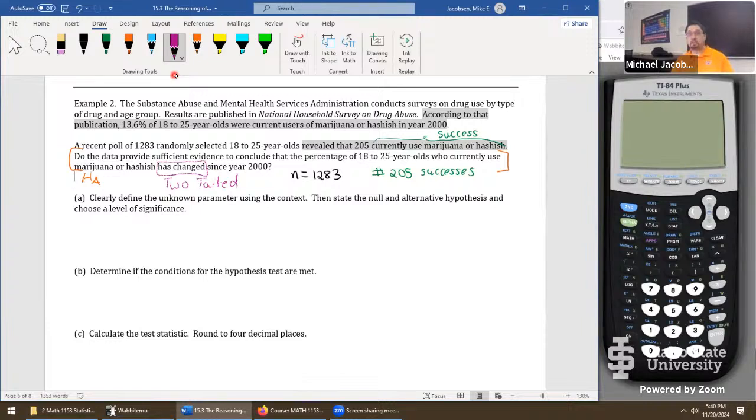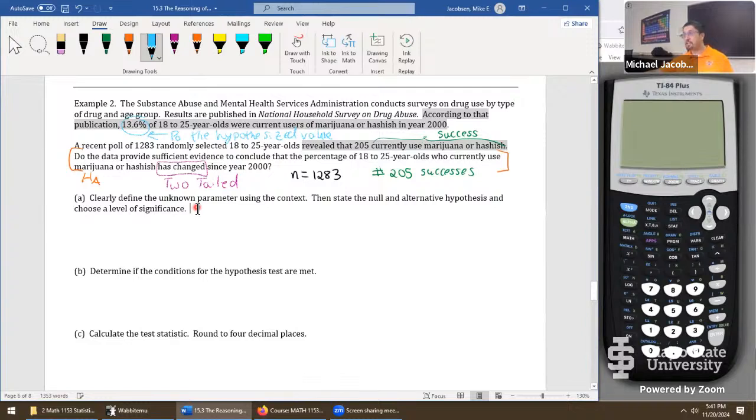Maybe it's gone down. That's pretty optimistic. Maybe it's gone up. That might be more realistic, but they're asking for change in any direction from the old value, 13.6%. That means this 13.6% is p naught, the hypothesized value.